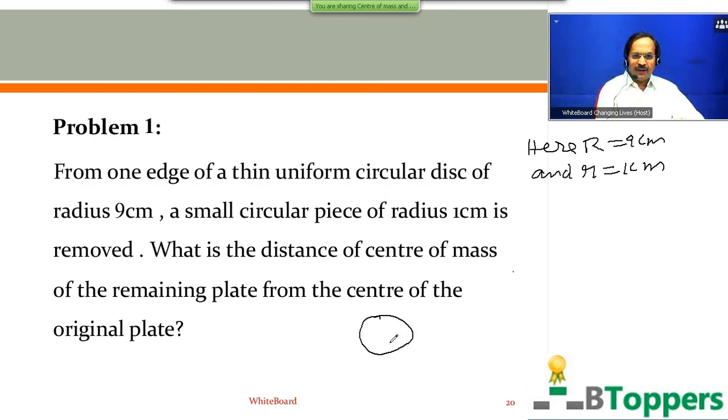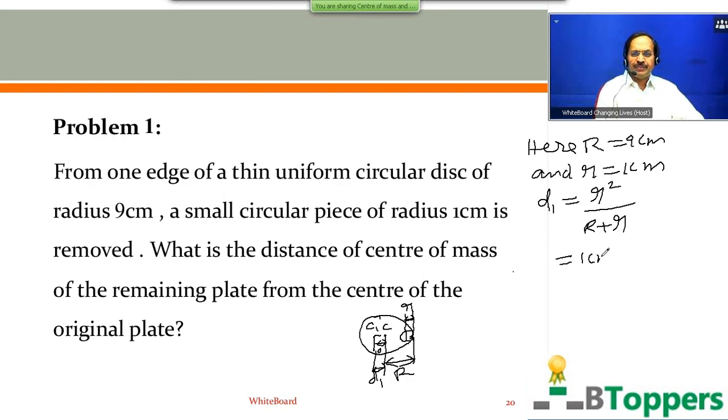As I discussed before, if from one edge of a circular plate of radius capital R, a small circular piece of radius small r is removed, then the distance of the center of mass of the remaining plate from the center of the original plate is given by d1 equal to small r square by (capital R plus small r).